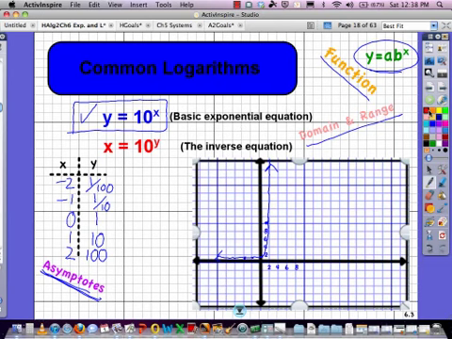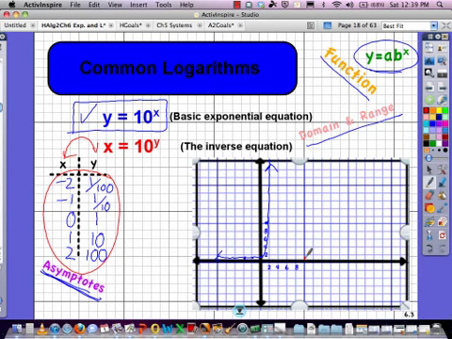If we would take those same ordered pairs that we have over here now and flip-flop them, so we would get our xy combinations, then we could have an idea of what this graph does. So let's go. If I'm out here at 100, which is obviously off my graph here, I'm only up at 2, and 2 is that first line. 10 would be the next number, so if I'm out at 10, I'm at 1.